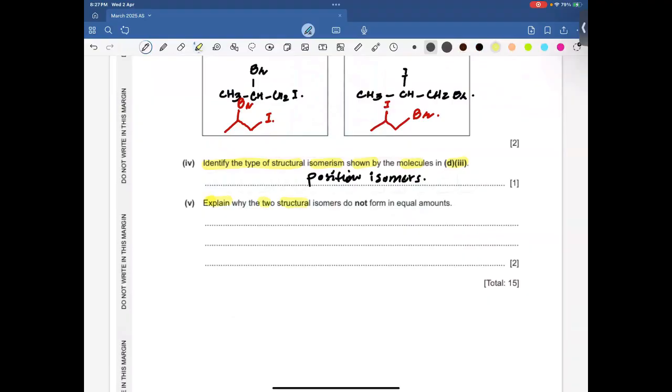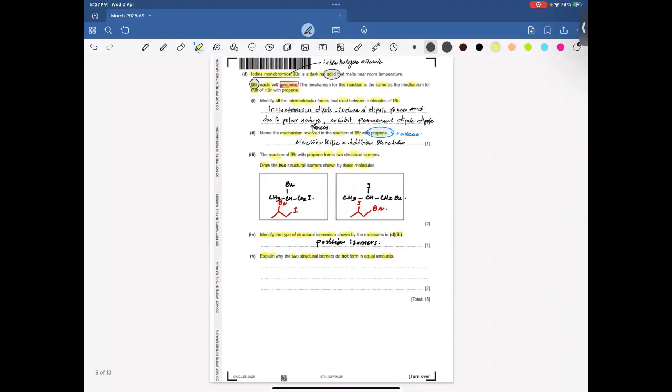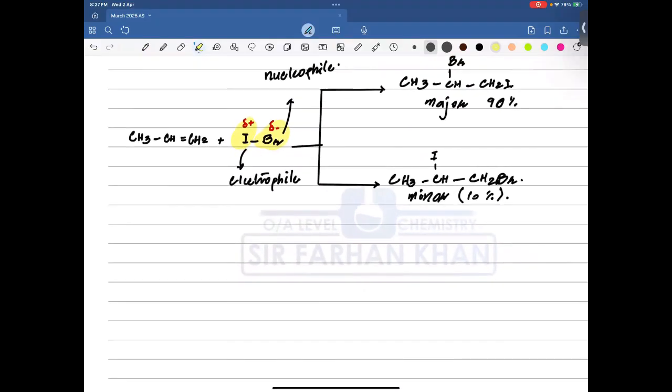Explain why the two structural isomers do not form in equal amounts. Let's go back to this stage. We have discussed all these issues in class. Let's do it again today.